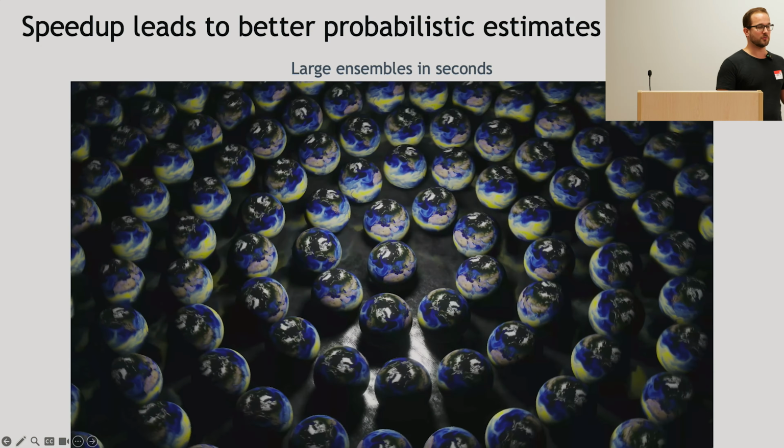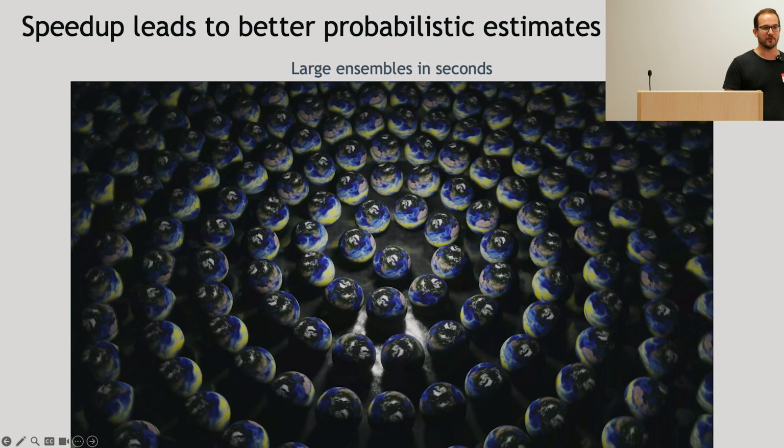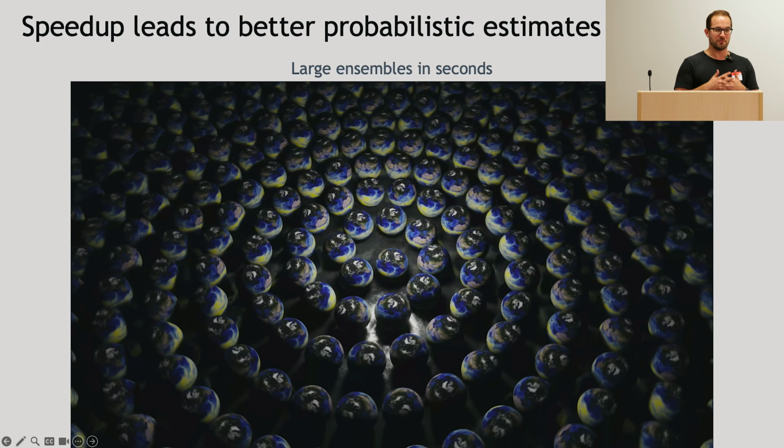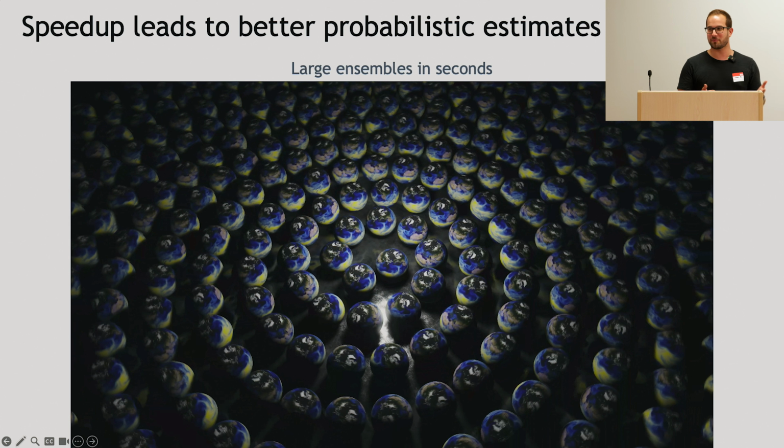We also want probability. Weather forecasting is not super accurate, so we want to look at ensembling: what is the probability of a certain event happening? This is especially true for extreme events like a hurricane, where you want to know what the trajectory of this hurricane will be, and so on.